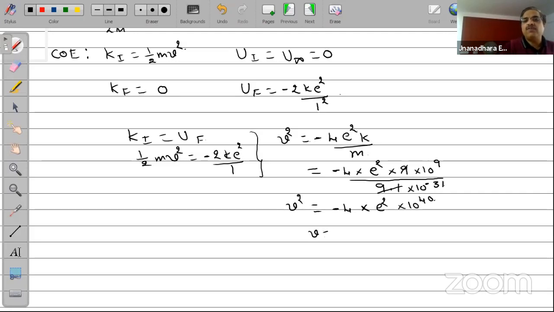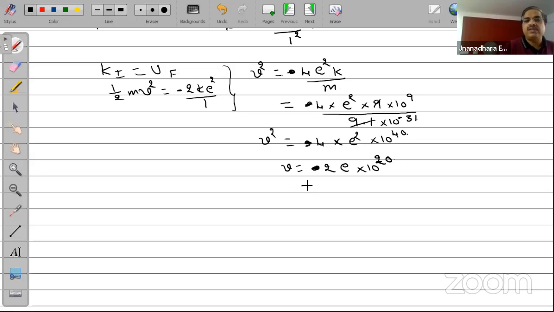So v therefore will be equal to, forget about the minus sign then, 2e into 10 to the power 20. Now look at it, students. What is the charge of the electron? It is 1.6 into 10 to the power minus 19, into 10 to the power 20.